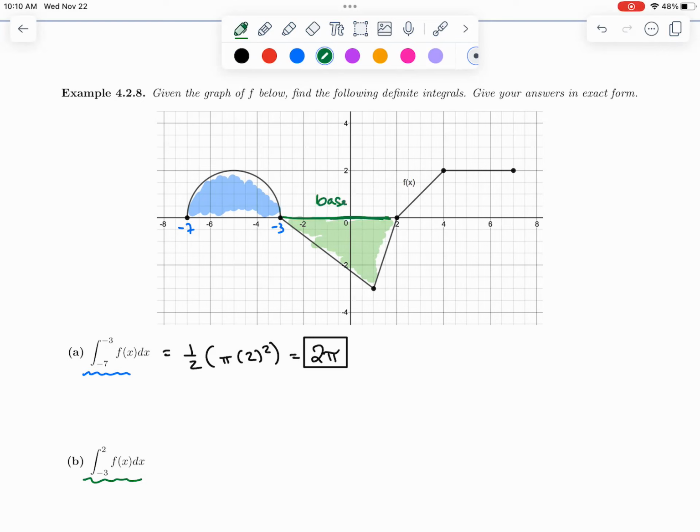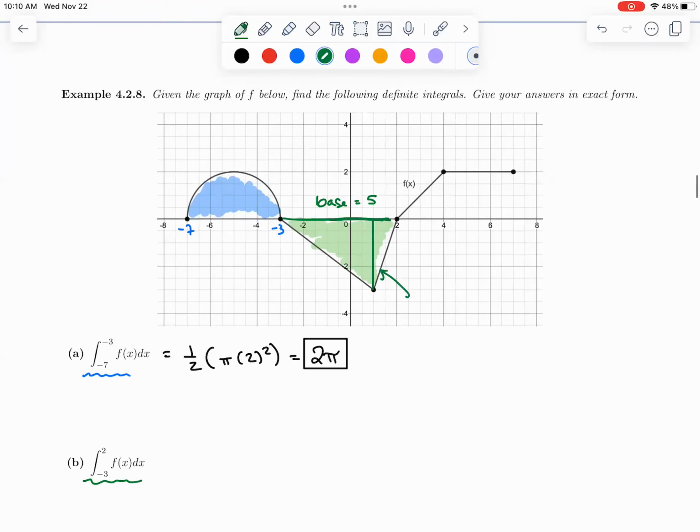Base equals 5, and then the height is from the tallest part, from the bottom part. So the height is 3.